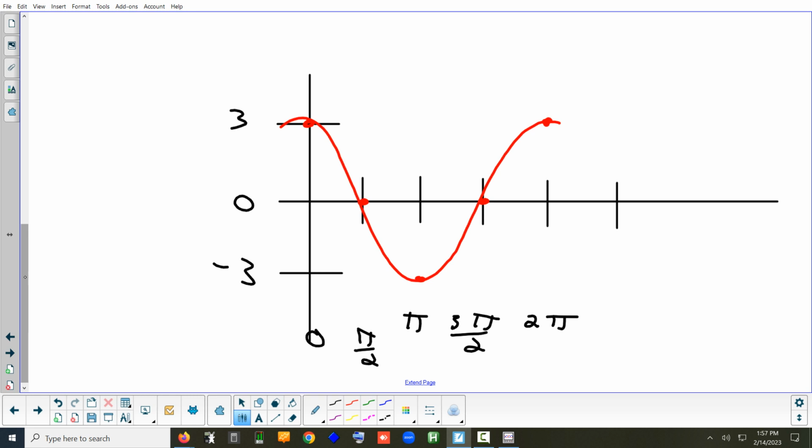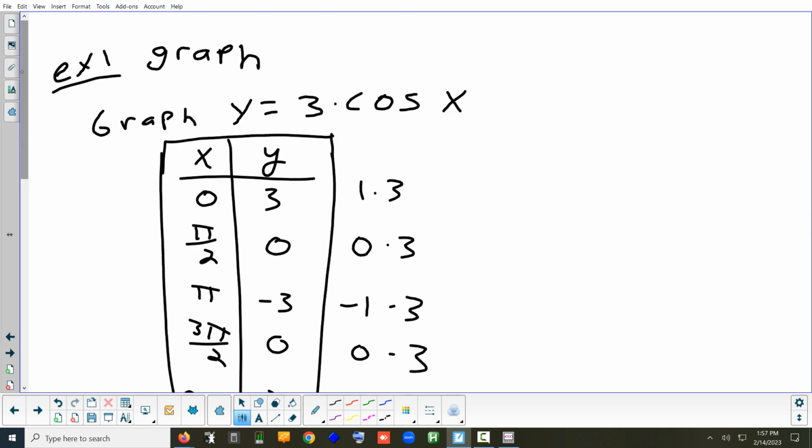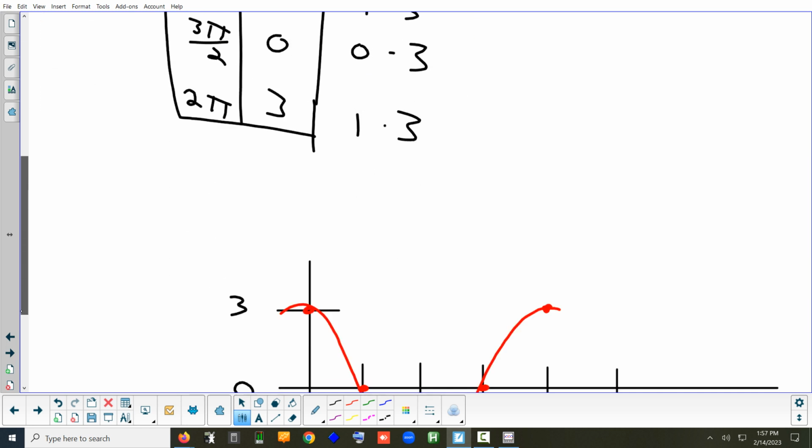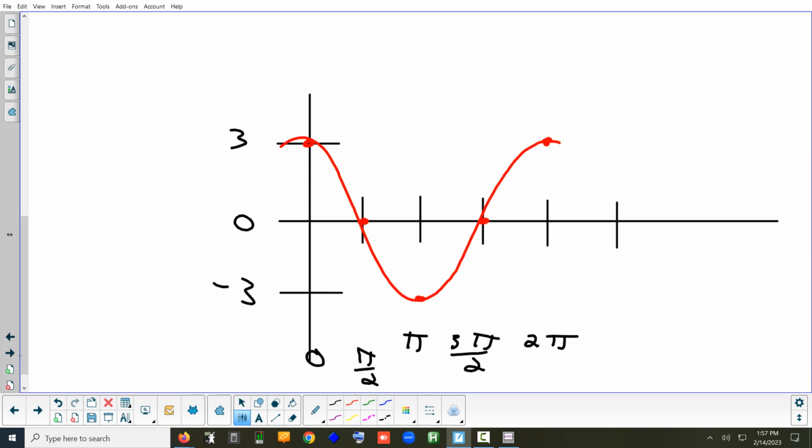Because we're scaling the y-axis, every single problem today is going to look the same. Like if I had to graph y equals 7 cosine x, I would use that exact same picture. The only thing I would do is change the scale to 7, -7. Now you're looking at a picture of 7 cosine x. So every picture today is going to look the same for cosine.